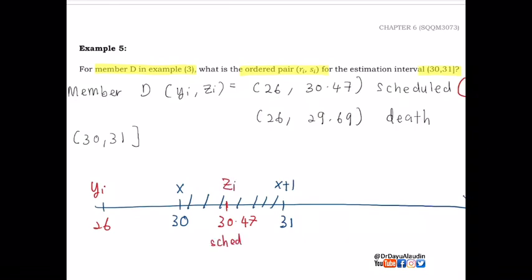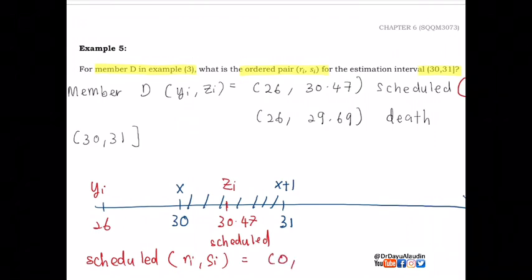So how to determine the RI? Since YI is less than x, RI becomes 0.